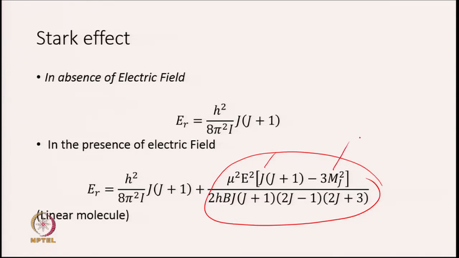And here mu is the dipole moment, E is the electrical field. So, by studying the Stark effect, we can obtain the value of mu. So, this is the way the dipole moment is calculated.